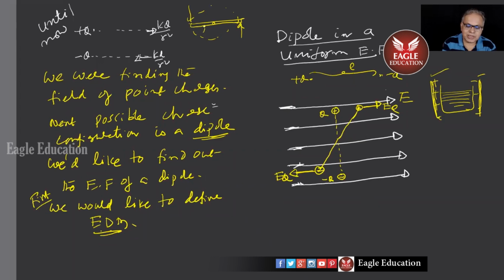This distance L by 2 into this F is one torque. This L by 2 into this F is another torque. The total torque will be F into L by 2 plus F into L by 2. This is F into L. That's why people say force into perpendicular distance between the two forces is called couple.